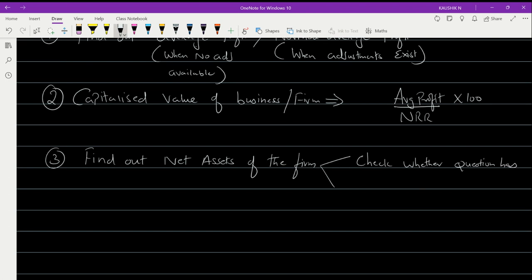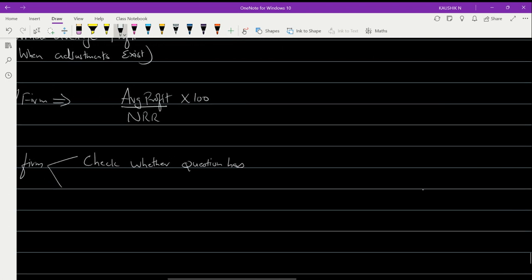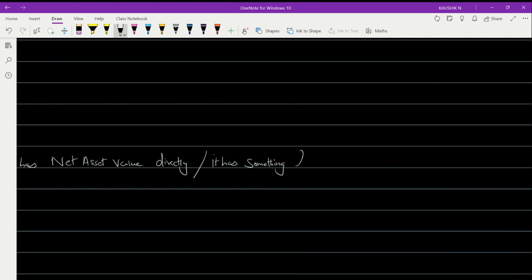Check whether the question has the net asset value directly, or it has something in the name of capital employed or capital invested.